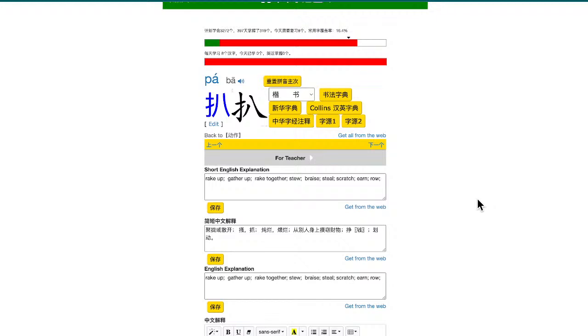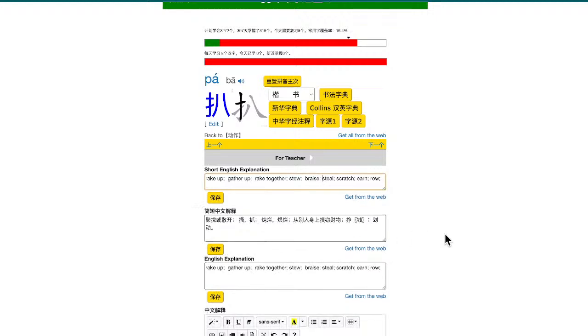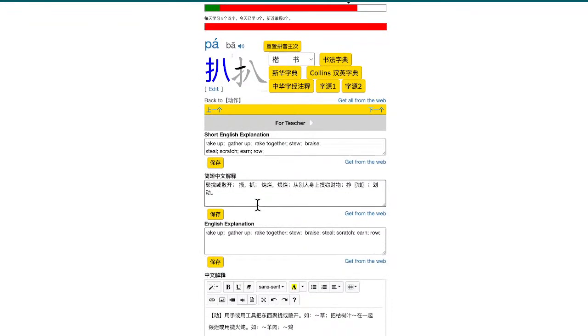It also has a second meaning, which is steal. 扒手 means thief, those street thieves. And it also means scratch, earn, roll.